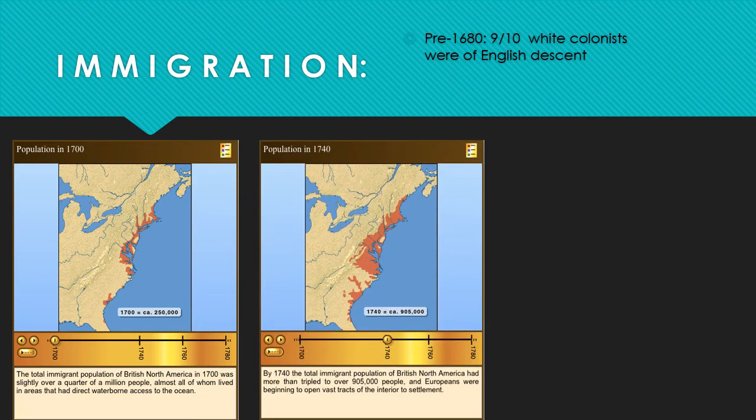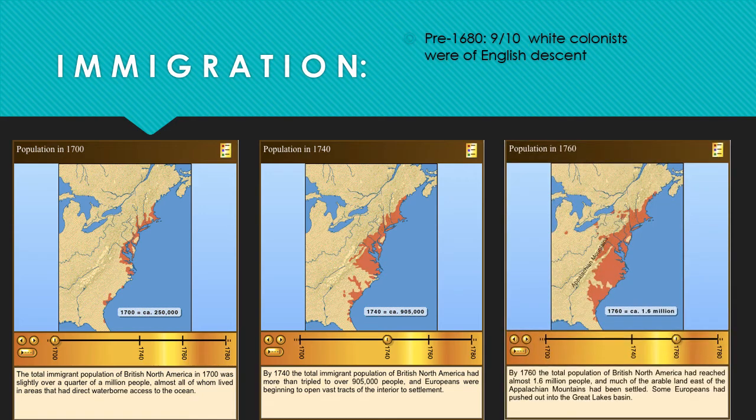By 1740, the total immigrant population of British North America is about 905,000 people. So in a matter of just 40 years, this number has almost quadrupled. By 1760, it's grown even larger. These migrations brought enslaved Africans, Germans, Swiss, Scotch-Irish, Dutch, French Protestants or Huguenots and their cultures to the New World.